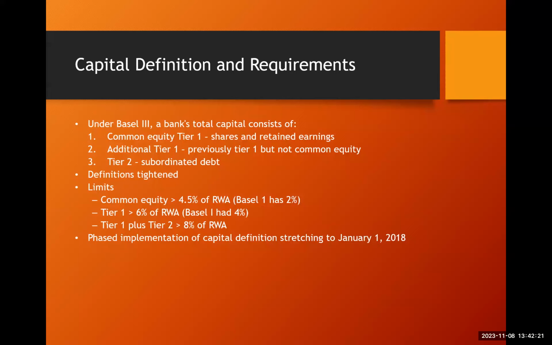We require tier 1 to be at least 6% of risk-weighted assets, up from 4% in Basel I. And then tier 1 plus tier 2 had to be at least 8%. But this is only for the first component. The first component has the same total amount, 8% of the risk-weighted assets. But the other components add extra fees on top of that.